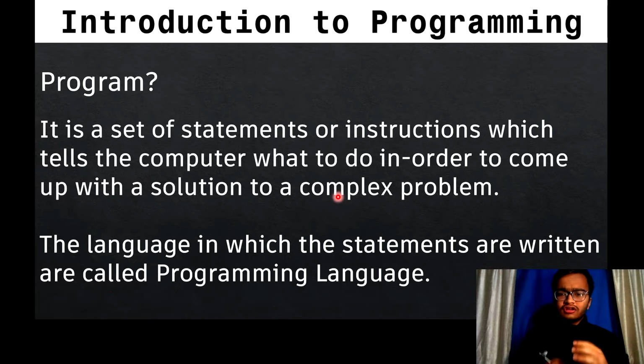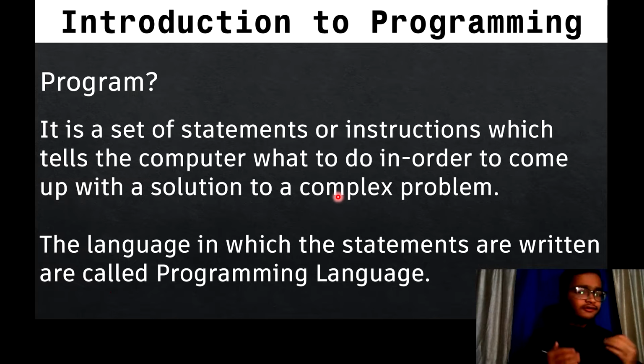To solve these complex problems manually, it will take a lot of time. And we know a computer is a very powerful machine and it can solve complex problems in a few seconds. So to convey our purpose, or convey our complex problem, to the computer, we take the help of programs. The language in which we write our instructions to do this or that to the computer is a programming language.